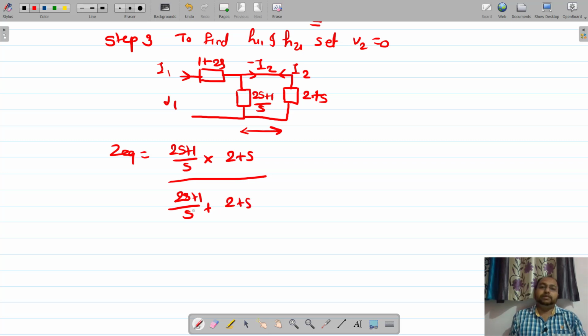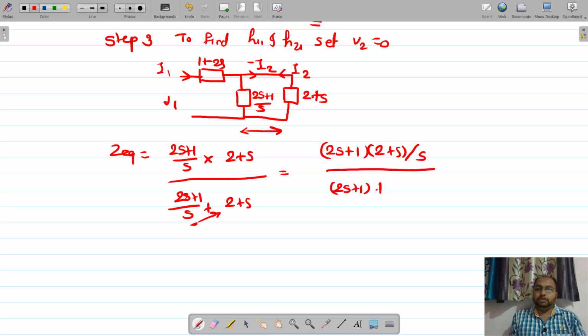Now simplify this one. Making the denominator common, we do the cross multiplication, and the S terms cancel out.